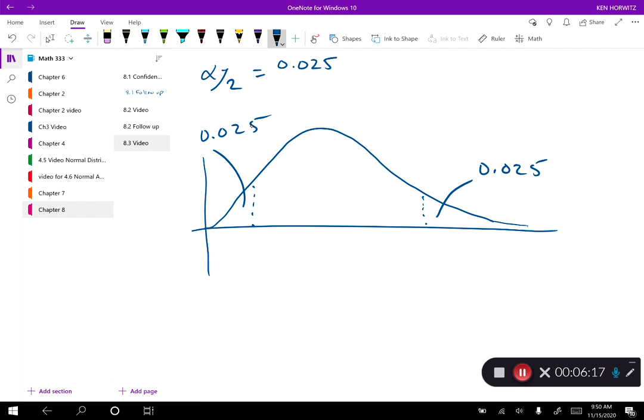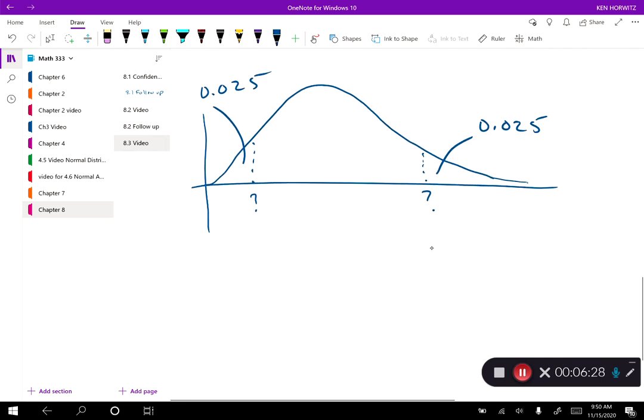What I want to know is what those two values are. We need to start by getting our degrees of freedom. Our degrees of freedom are calculated the exact same way: degrees of freedom equals n minus 1, which in this case would be 11, because I said my sample size was 12.